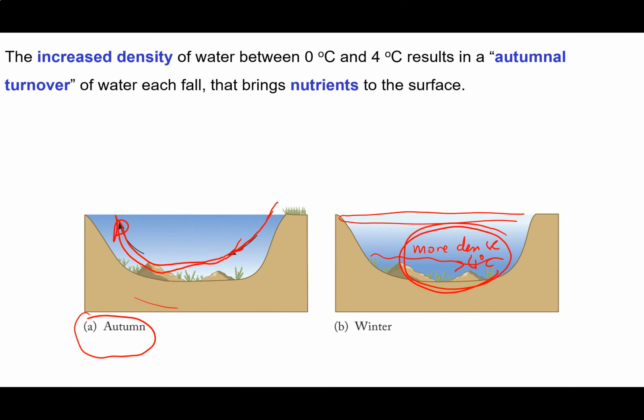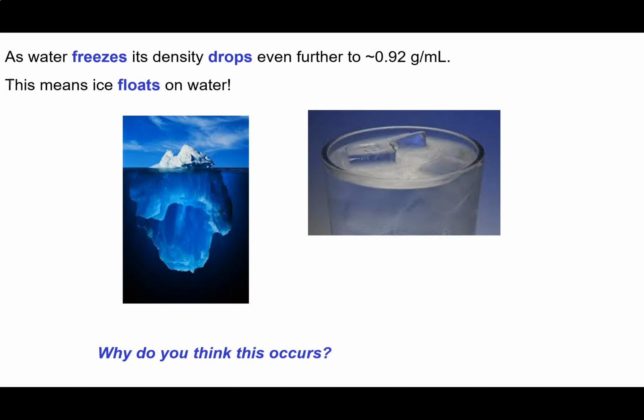In the very first slide, we saw that ice, solid water, is actually less dense than liquid water, and that's interesting as well. So when you continue to cool water down, once it gets to 0, it'll start to freeze. And what we find is that when it freezes, the density drops even further, and frozen water, ice, is less dense than liquid water.